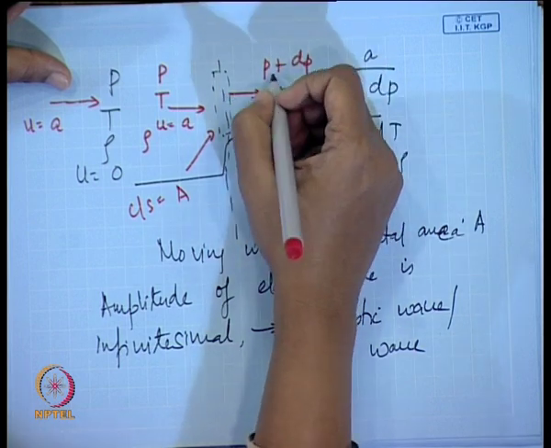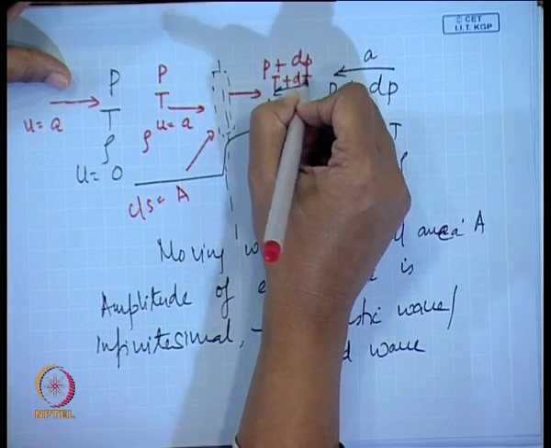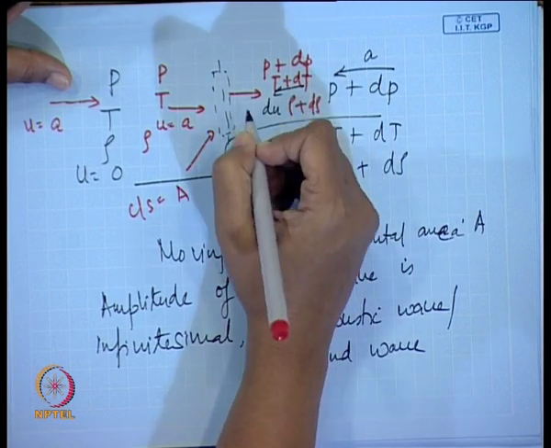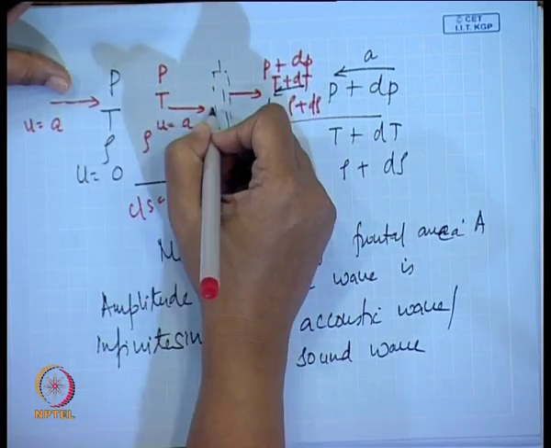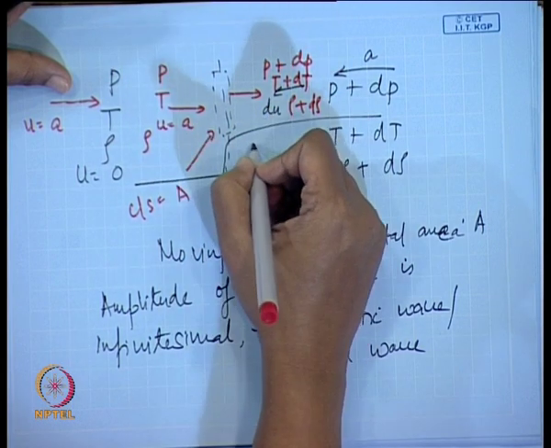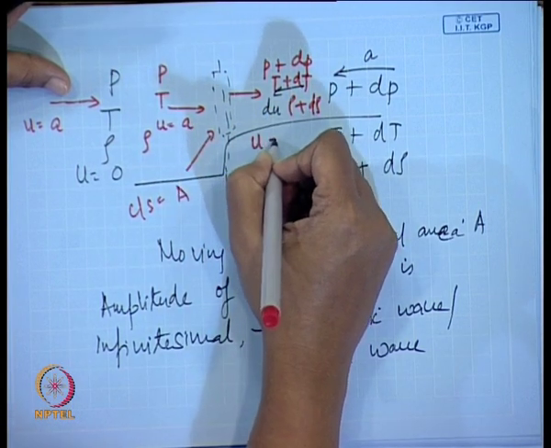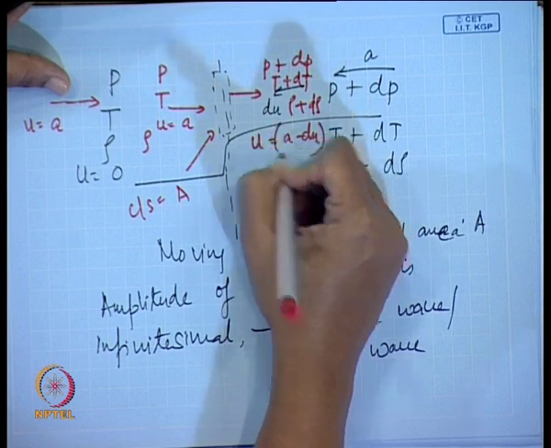The outlet conditions are P plus dP, T plus dt, rho plus d rho. Here the velocity was u equals A, and in this case it will be u equals A minus du.